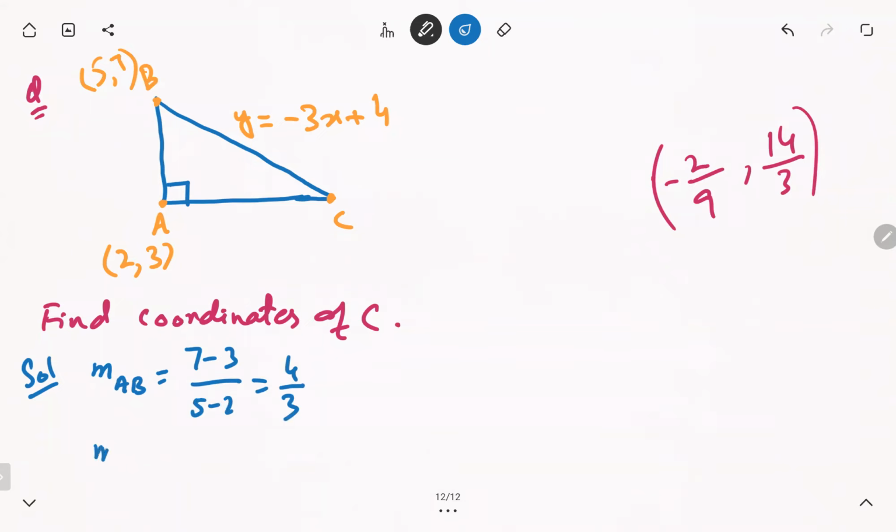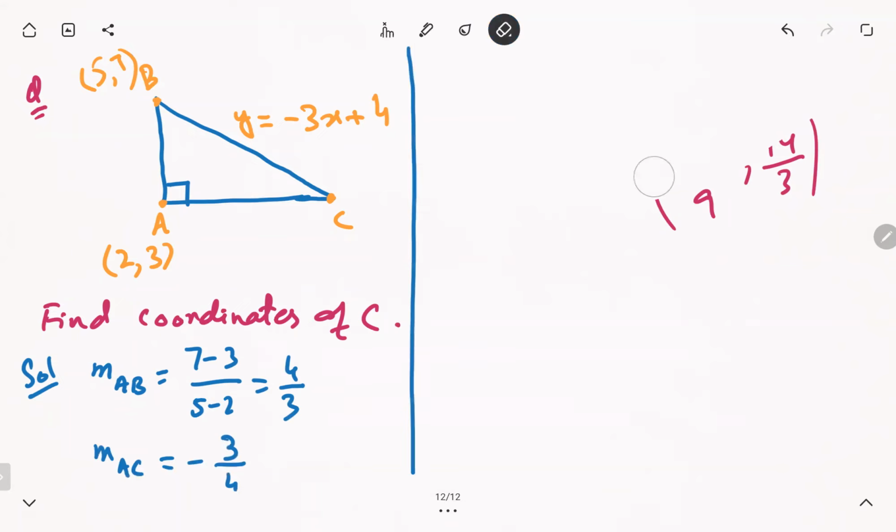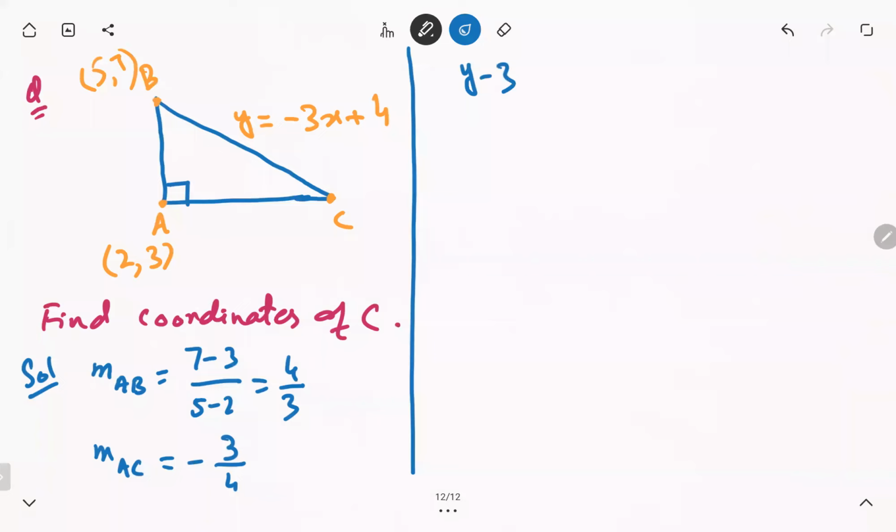So what is the gradient of AC then? Negative reciprocal. So negative 3 by 4. So this is the gradient of AC. Now the equation of AC के लिए y minus y1, y minus 3. To find the equation of AC, I'm using the point A, which is (2, 3).